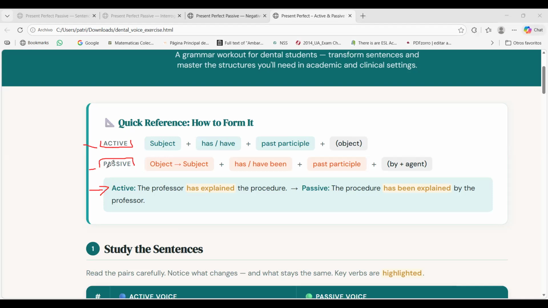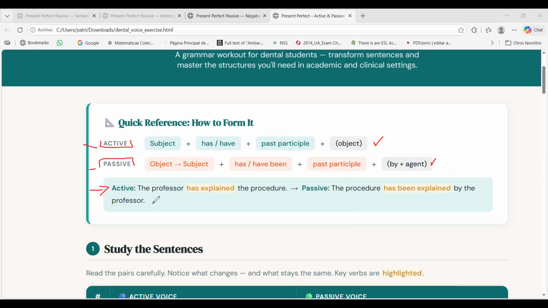Yes, active. Subject plus have or has plus past participle plus object. And passive, object and subject plus has or have been plus past participle plus by plus agent.